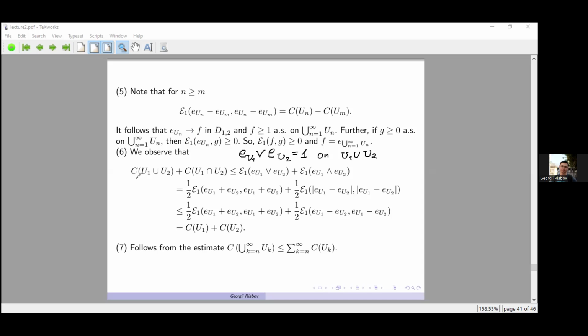Which means that the capacity of the union of U1 and U2 is less than E1 norm of the maximum of EU1 and EU2.